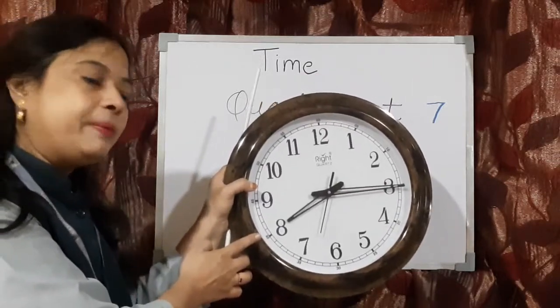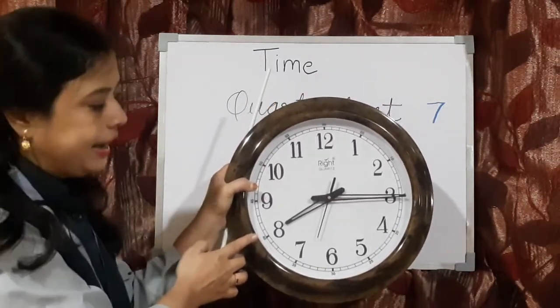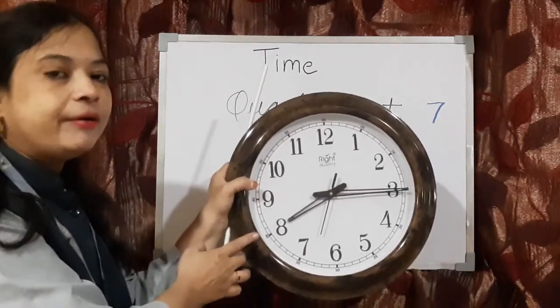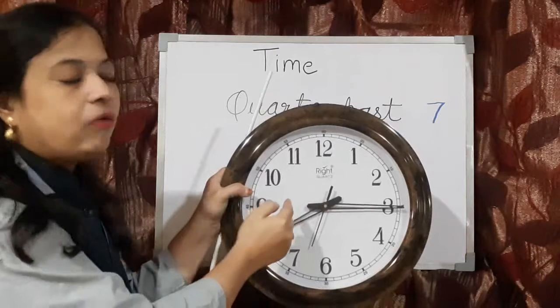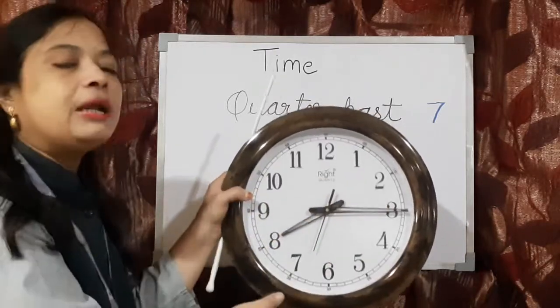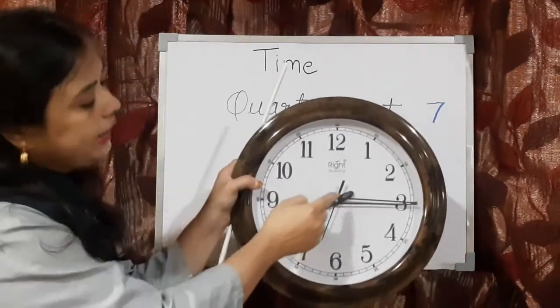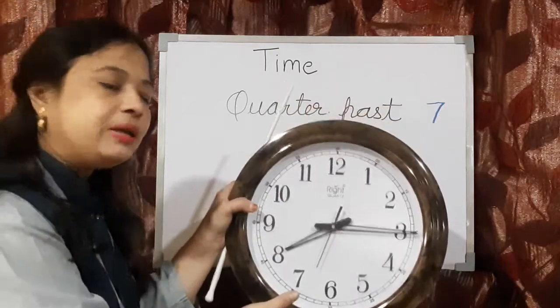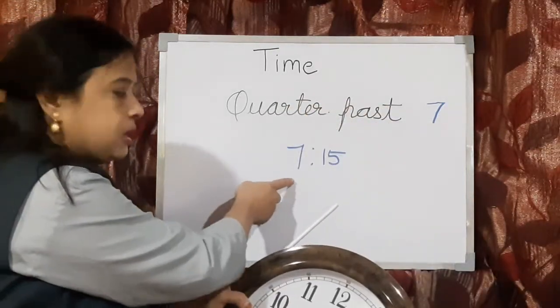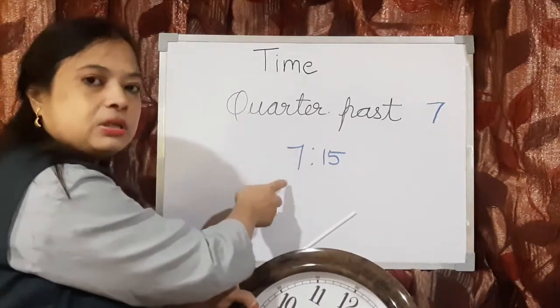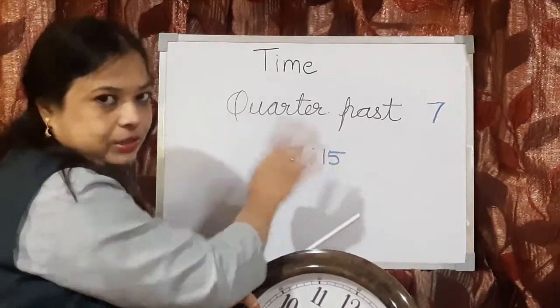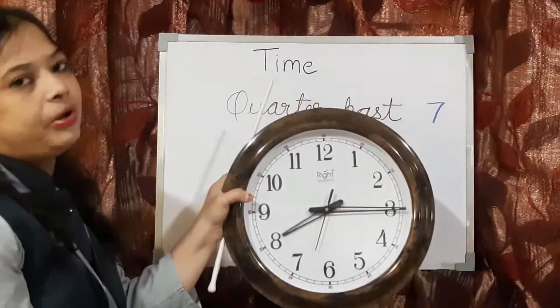The time will be quarter past 8. Or digitally, what will we write? 8:15. So you just have to remember that when the long hand comes to 3 number, it is quarter past, and we see which number the short hand is on and write that over here. This number is for the hours and this number is for the minutes. Okay, come on, now another time.